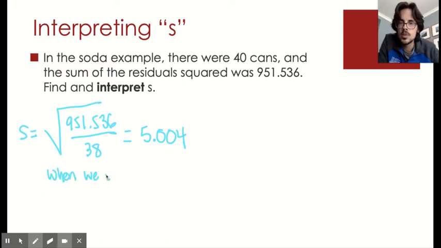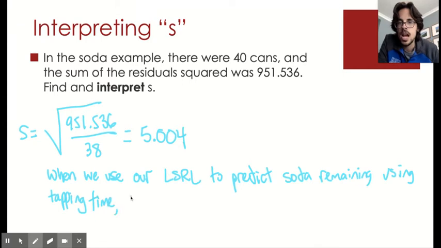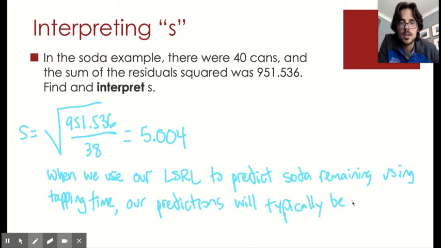When we use our LSRL to predict soda remaining using tapping time, our predictions will typically be off by about 5.004.